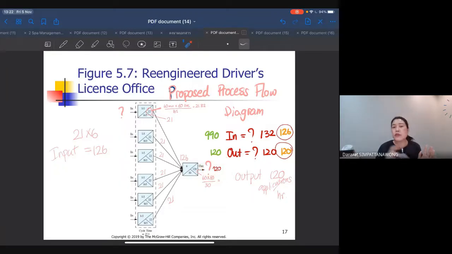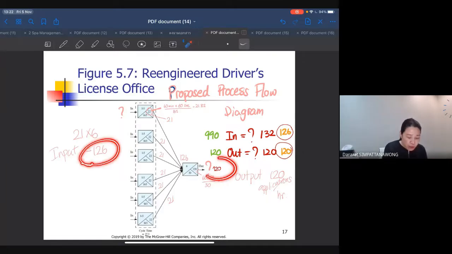First of all, you see the number of the input, you see the number of the output, 126 and 120 respectively. So what do you acknowledge from this? I acknowledge that 6 applications will be lost during the journey of serving customers.